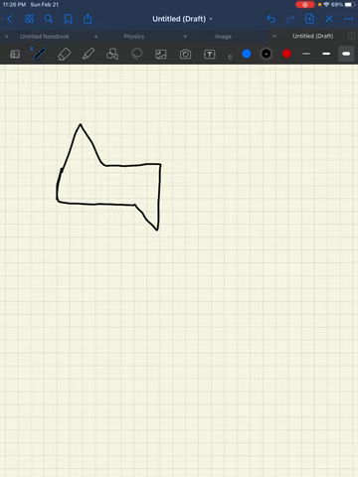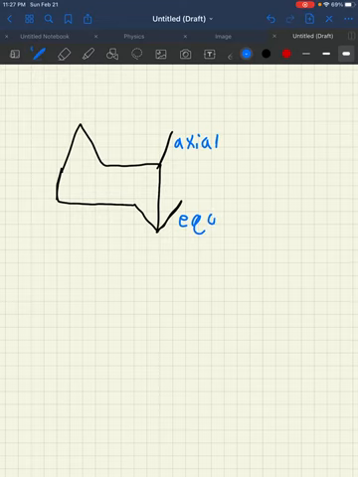Let's say we have one that looks, we're going to work with a chair conformation. So, boom, boom. These are both up. So this is in axial and this is in equatorial.